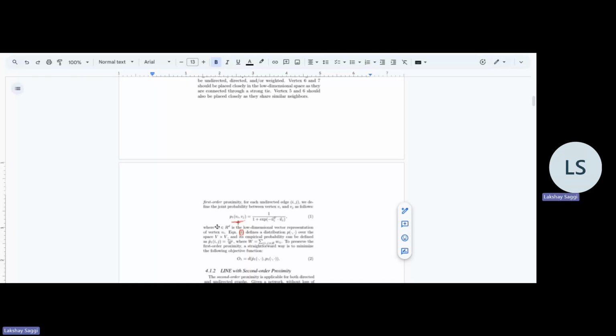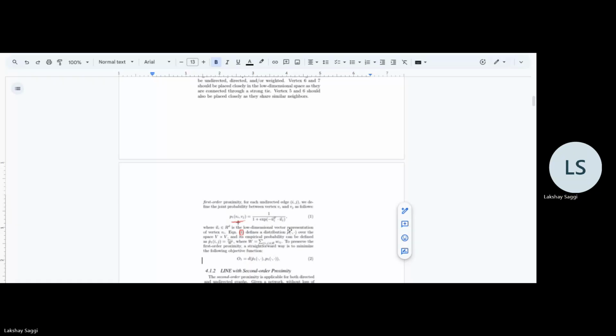So what this essentially says is, the larger this dot product ui dot uj is, the larger this joint probability distribution between vertices vi and vj. And this joint probability states that the larger the probability of vi and vj, the higher the chance that vi and vj share an edge between them.